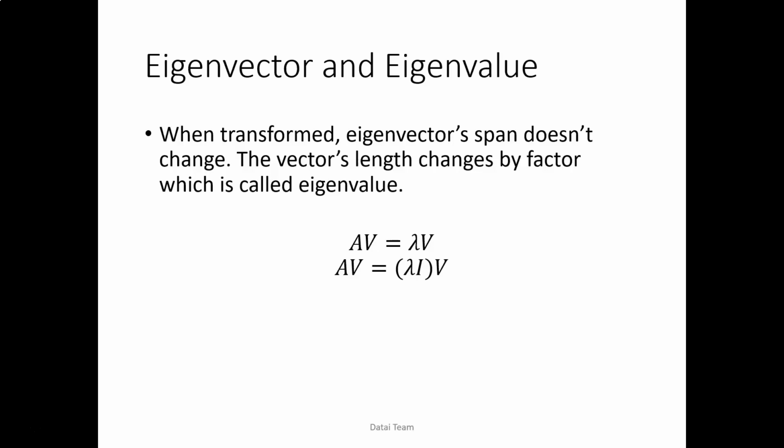For example, for a space with 3 dimensions, our identity matrix would be 1, 0, 0, 0, 1, 0, and 0, 0, 1, if that is 3 by 3. And we can write lambda, 0, 0, 0, lambda, 0, and 0, 0, lambda. And multiplying that with our vector would give us the same answer.